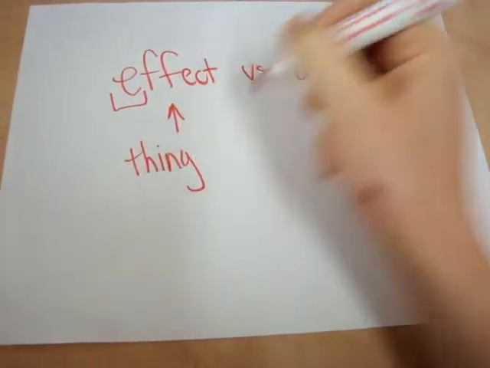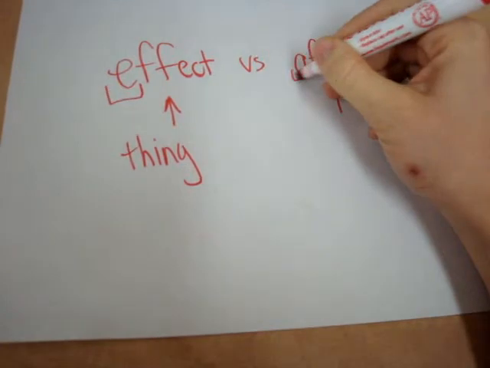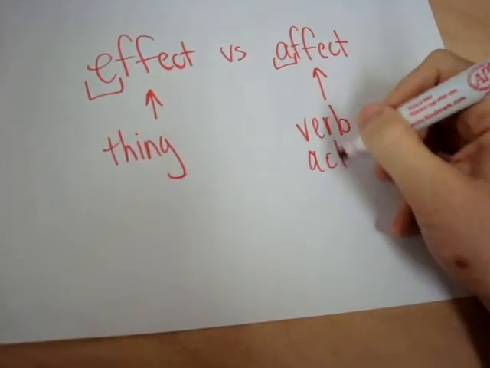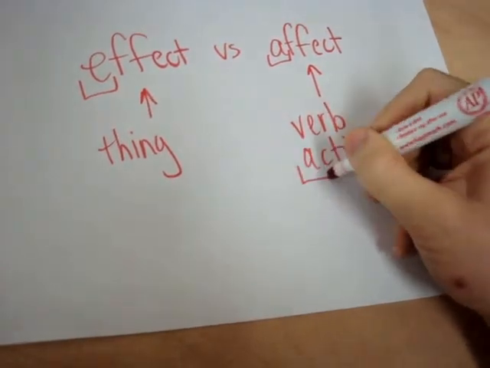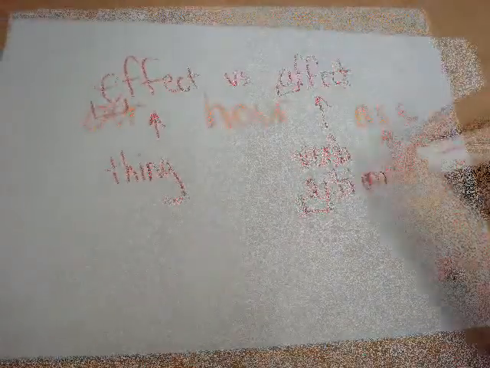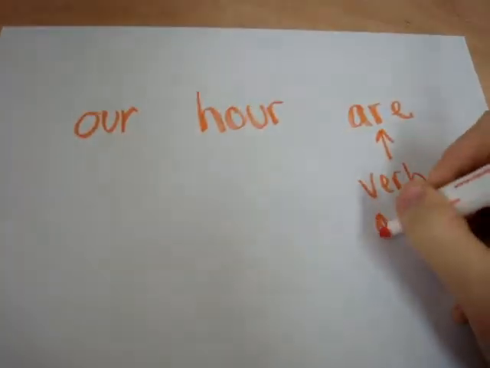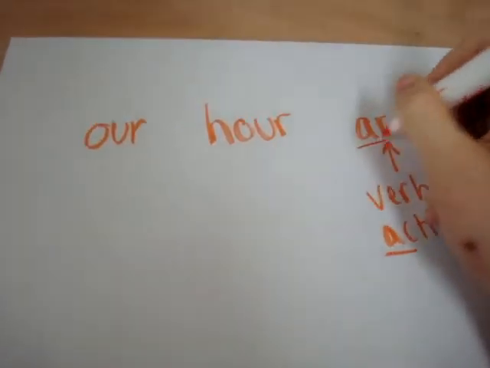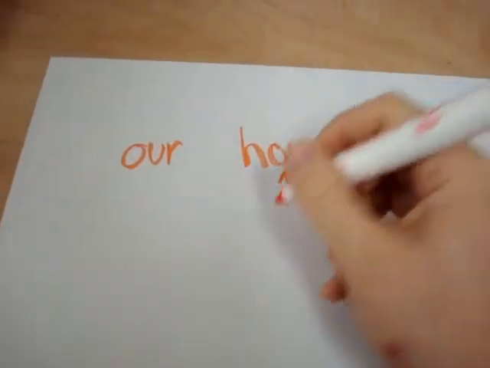Here are some other words you might mix up. Effect is a thing versus affect, which is a verb. We can remember this because verb is an action word, and action starts with an A. Affect, action. Hour, our, and are, again, the word that starts with an A is the action.